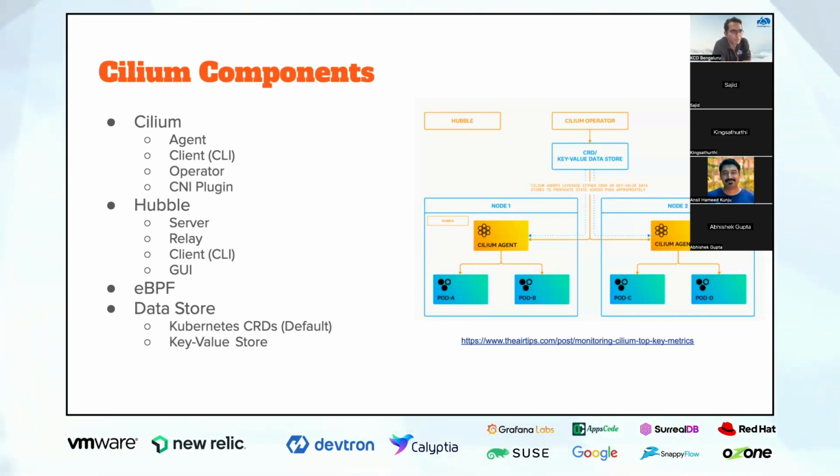So that data, the state of the Cilium agent, is stored either in the Kubernetes CRD, or in the key value store.